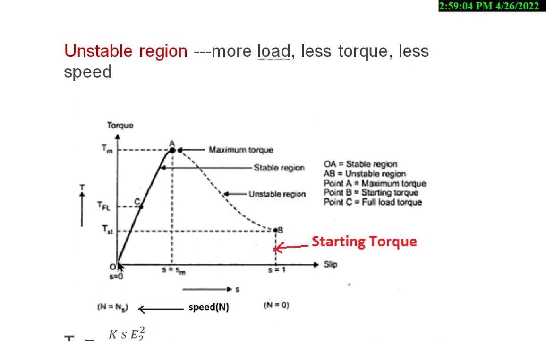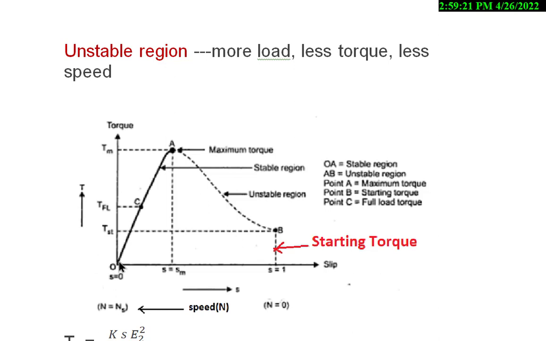This is S equals 0, T equals 0. Under low slip condition, the characteristic is linear, which means as slip increases, torque also increases like this.